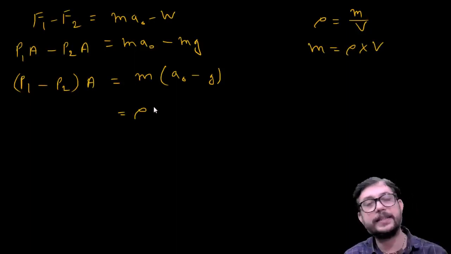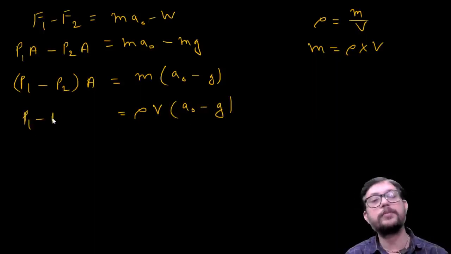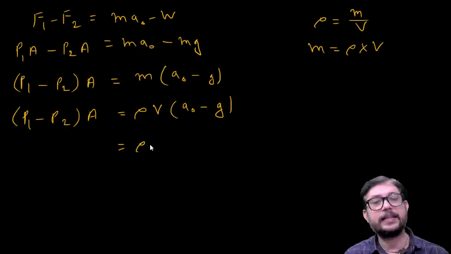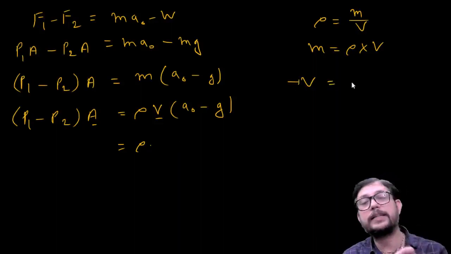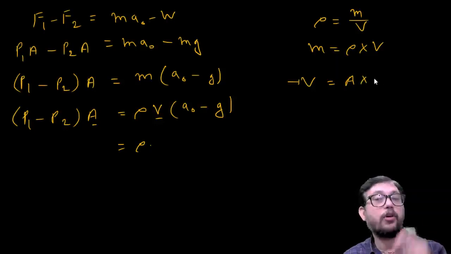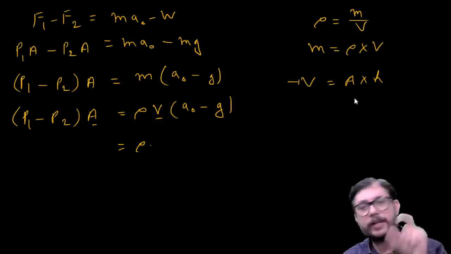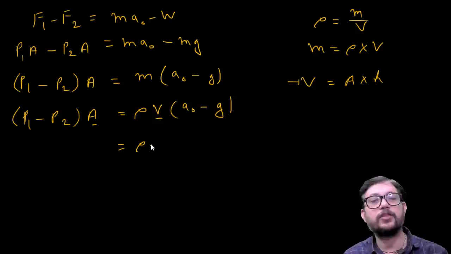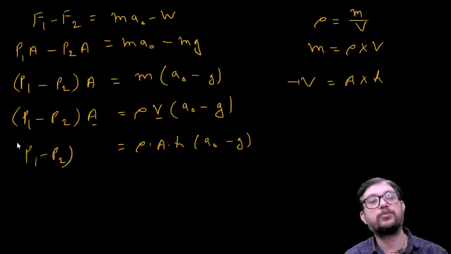That will be density into volume times (a naught minus g), equal to (P1 minus P2) times A. Now in place of volume, we place the area into length or height. Let the height of that particular cylinder, which you have assumed here, be h. So in place of volume you can write area into height times (a naught minus g), and that will be equal to (P1 minus P2) times A.